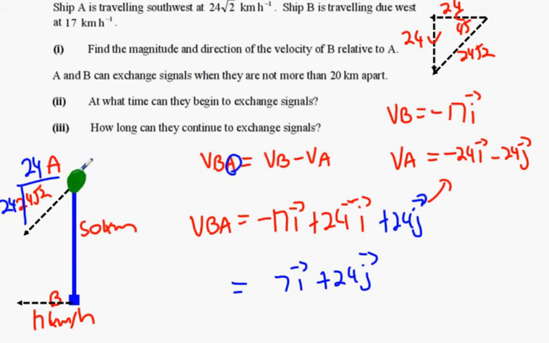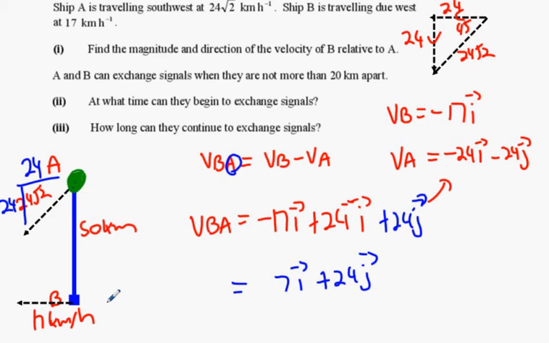So because in real life A is approaching, it's 24 kilometers downwards every hour. If I keep A stationary, that's the same thing as A seeing B coming towards it at 24 in that direction. 17 and 24 means that A is getting away from it.